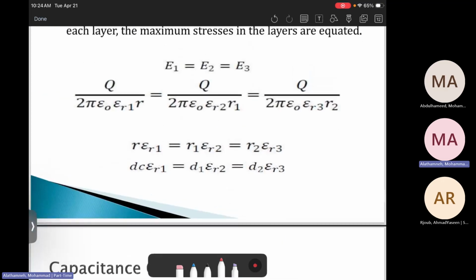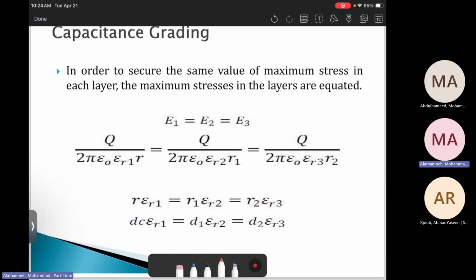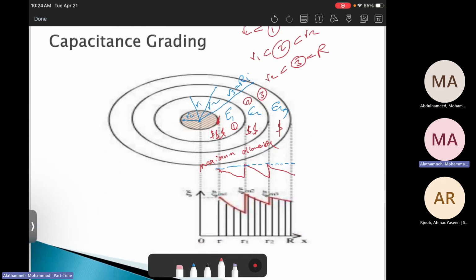That's the thing that you need to keep in mind. Then our target is to make all of them share the same max here and here and here, at the entrance of each layer. This will be Emax 3, Emax 2, Emax 1. In our design we want all of them to share the same maximum value. So that's the optimal thing.